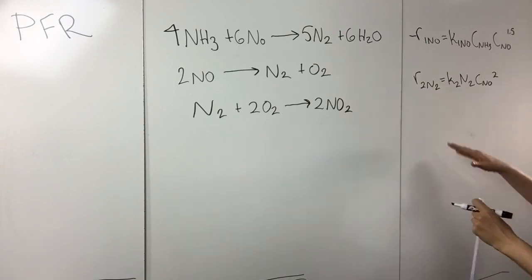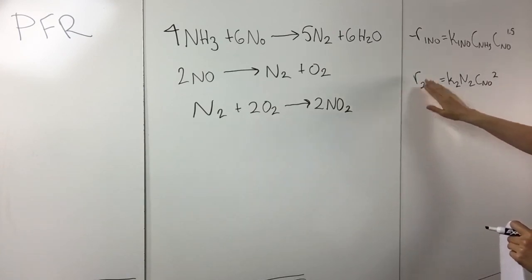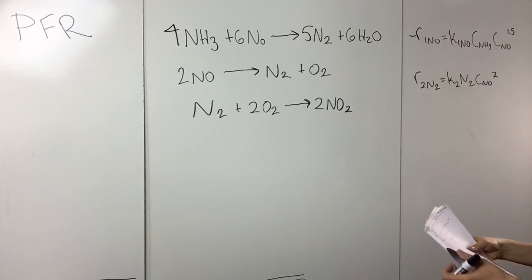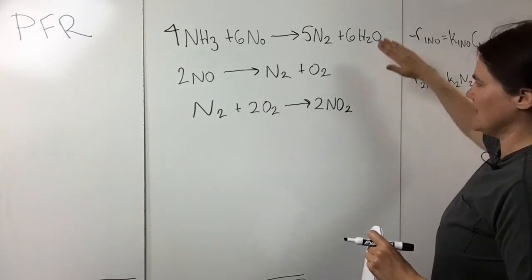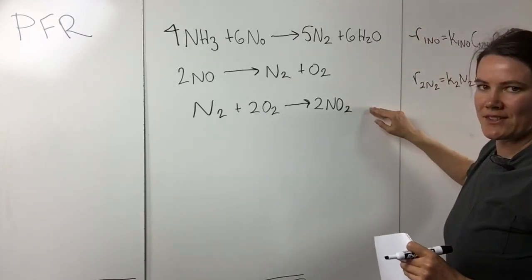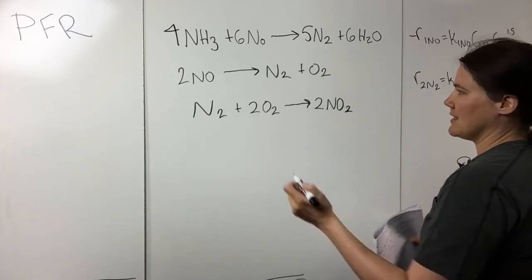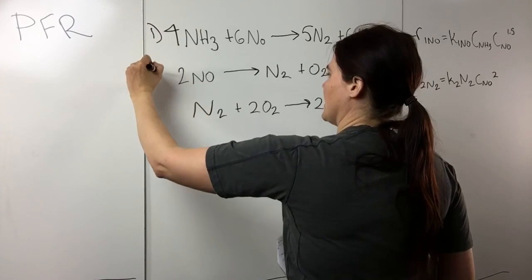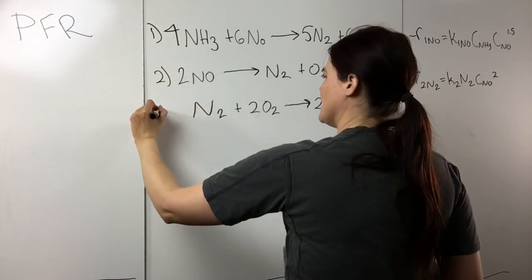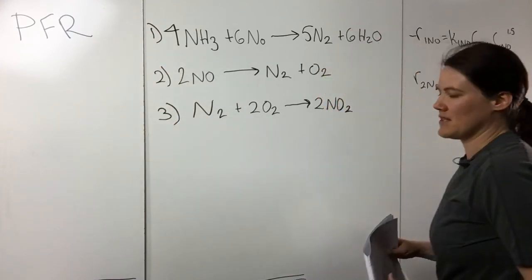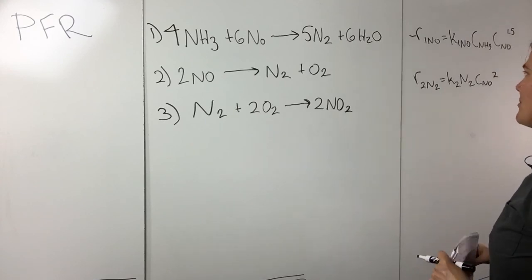And then also with the way I'm numbering these, I should go back. When you have multiple reactions, the very first thing you want to do is number your equations. So this would be 1, 2, 3. If they're not already numbered, you definitely want to number them.